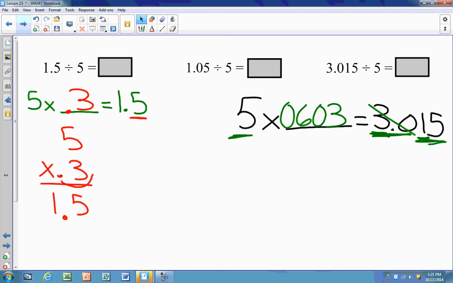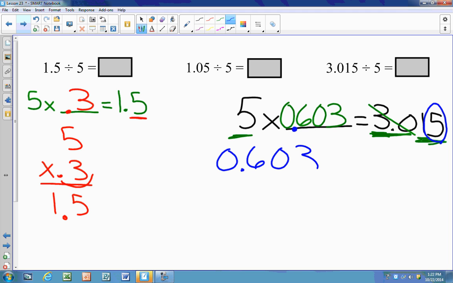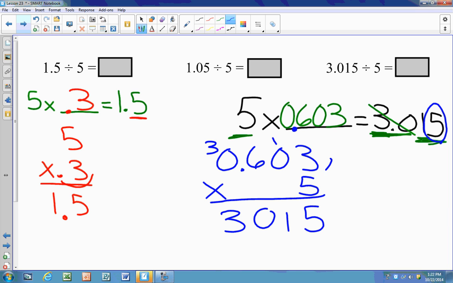And then I look over here and I notice that I'm going to the thousandths place. So I make sure that my answer goes to the thousandths place. And then I check with multiplication. 3 jumps.